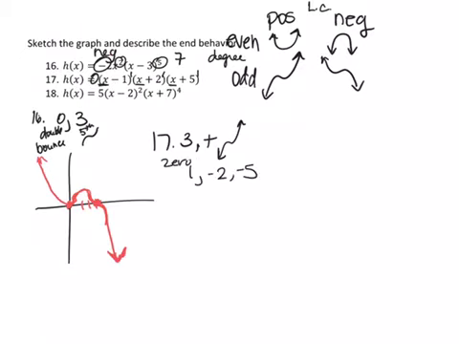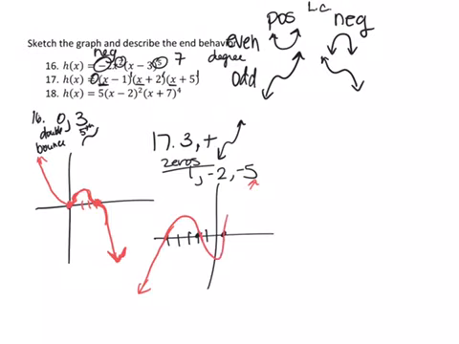And so they're just going to pass right through the axis. So I start down here, and I'm going to end up here. So I'm going to go through -5, turn around and go through -2, and turn around and go through +1.